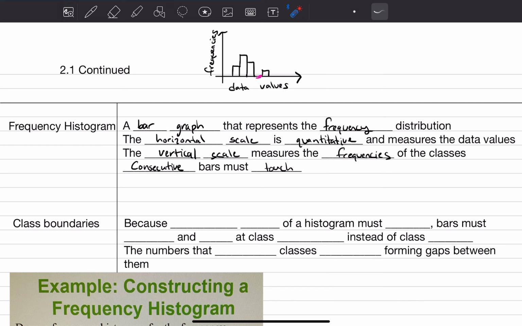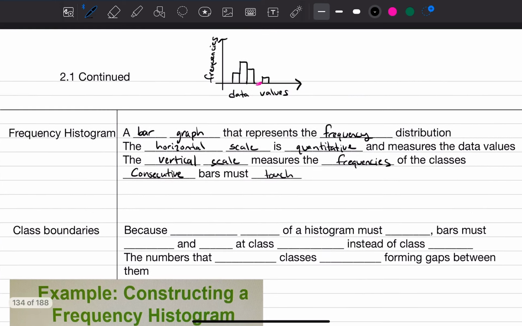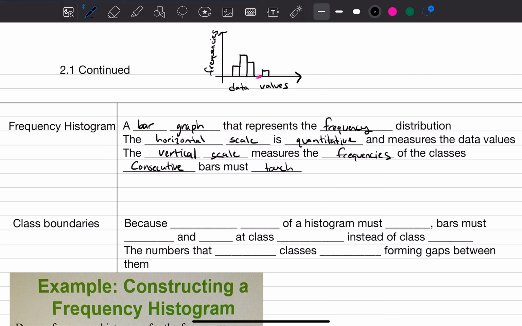Next, we're going to talk about class boundaries. Because consecutive bars of a histogram must touch, as we just talked about, that means that the bars must begin and end at class boundaries instead of class limits.